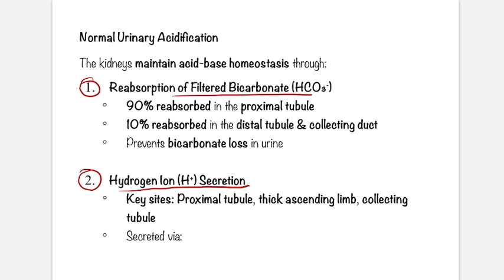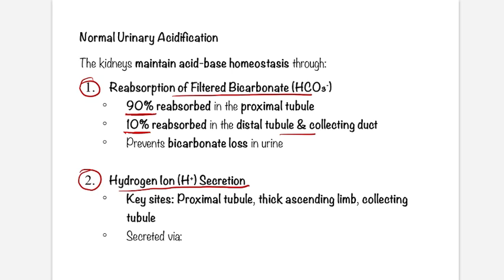Basically, the kidney wants to reabsorb bicarbonate, and excess hydrogen ion gets secreted. Reabsorption of filtered bicarbonate: 90% occurs in the proximal tubule and 10% occurs in the distal tubule and collecting duct. So this is the reabsorption mechanism of bicarbonate.